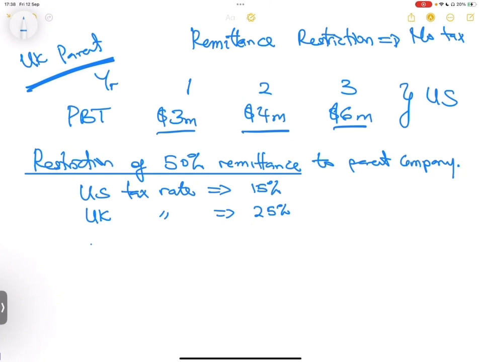I'll give you the exchange rate, so you don't have to stress determining it. The exchange rate applicable is 1.3 and constant every year, so you don't need to change it.